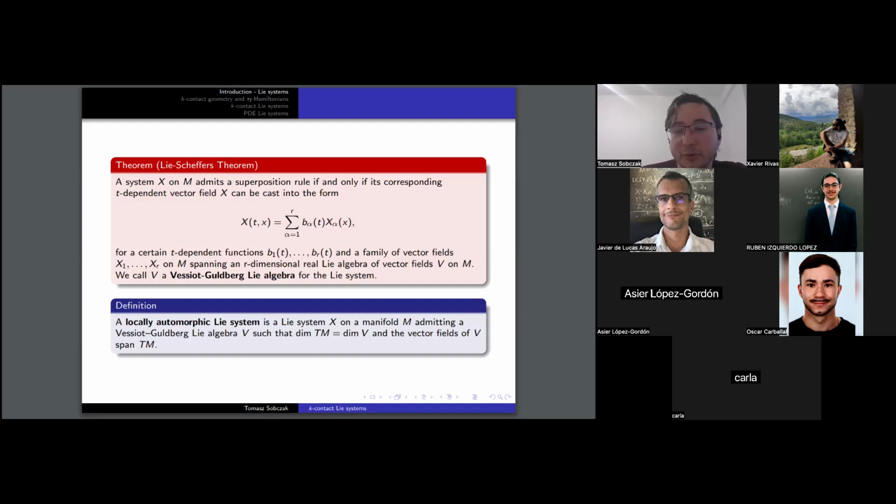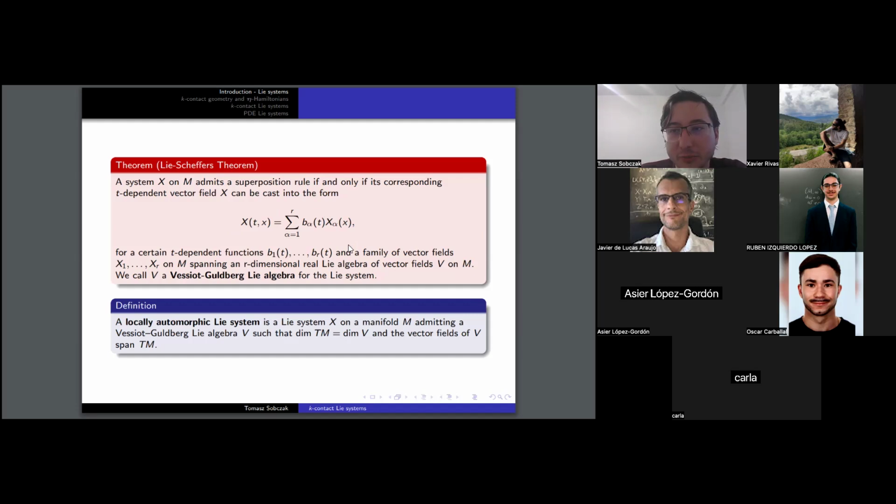I believe it is worth noting that this decomposition is not unique, meaning we can decompose it in another manner and obtain a different superposition rule, but it will still work. So we can have a few Vessiot-Guldberg Lie algebras associated with one system.